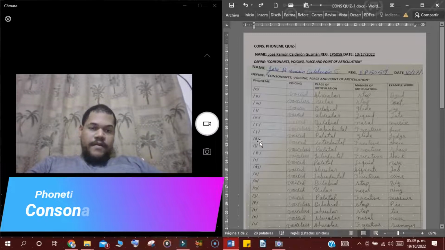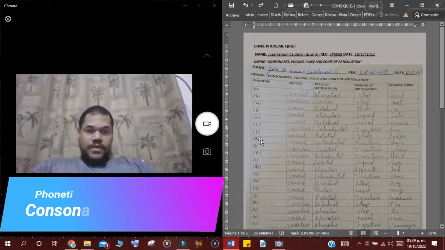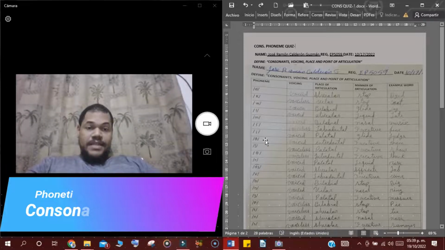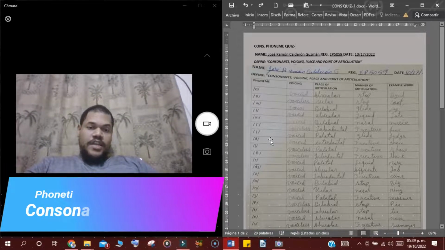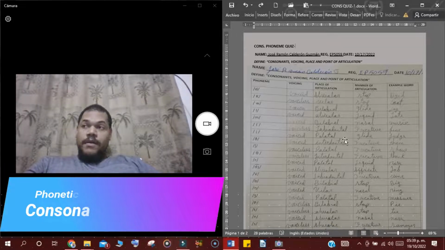Now we have here these phonemes that represent the sound that is made by the combination of the graphemes th. This one is voiced. It is interdental. It means that the tongue is placed between the upper and the lower set of teeth.